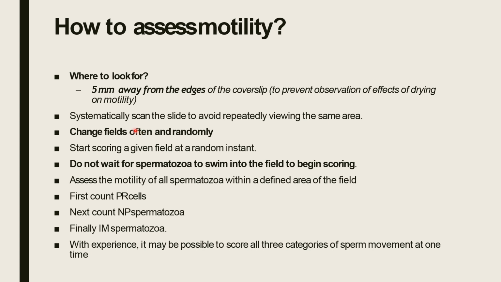So we can go from one corner of the cover slip to another corner, and we have to not wait for spermatozoa to swim into the field to begin scoring, because it would change our number of motile or immotile sperms. Then we first count progressively motile spermatozoa, then the non-progressive spermatozoa, and finally immotile spermatozoa, and then we calculate percentages of all these three categories.